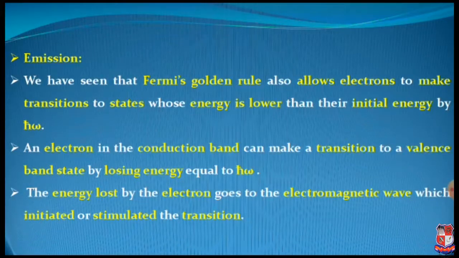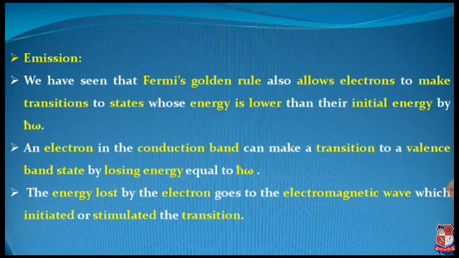Now, the second most important parameter is emission, and remember, here we are going to observe two different mechanisms. We have seen earlier in Fermi's golden rule that electrons can make a transition to states whose energy is lower than their initial energy by h cut omega. When the electron is in the conduction band, it can make a transition to the valence band.